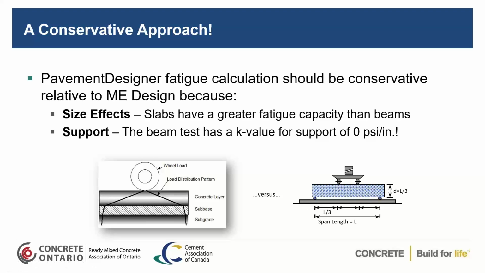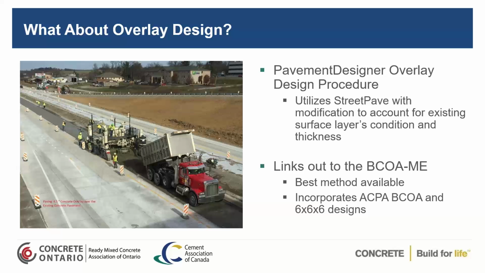When you look at an actual load on a concrete pavement, you have a slab width instead of just a beam, and you actually have support underneath that beam instead of 0 support. So because of that, your K value, instead of being 0, could be substantially higher depending on the amount of granular thickness you have and the support that you have from your subgrade. And again, you have the slab effect. So it is a conservative design approach, but that's the best information that we have when we're looking at the flexural strength of your pavement.